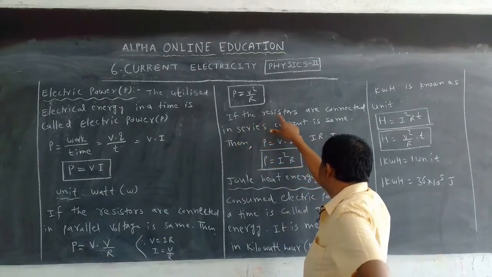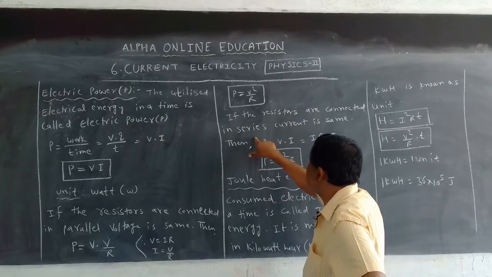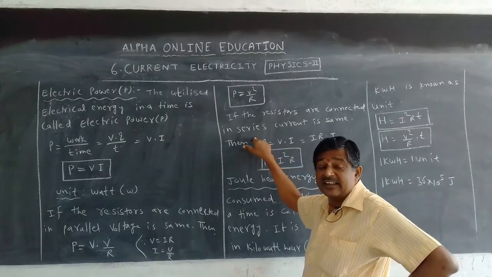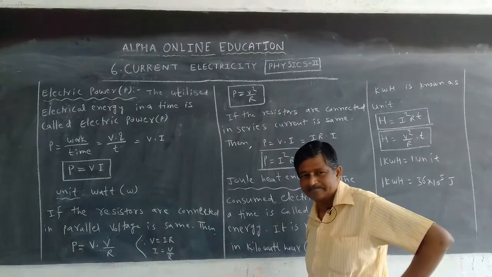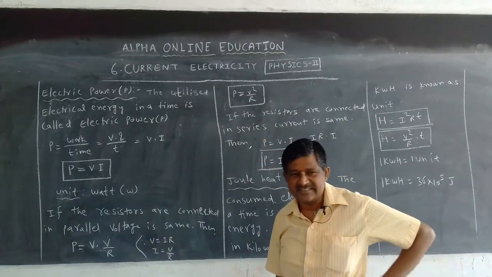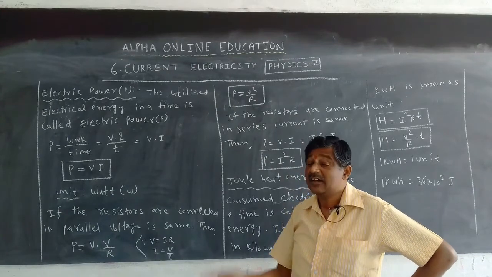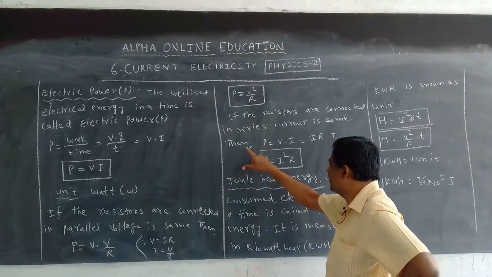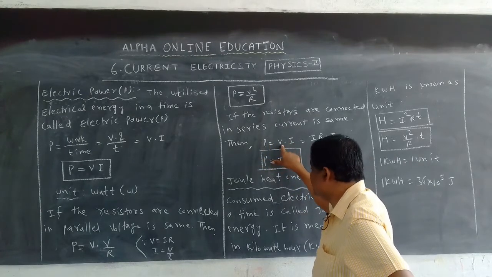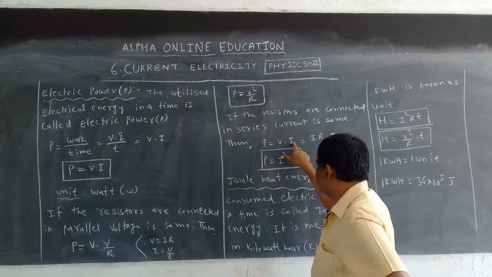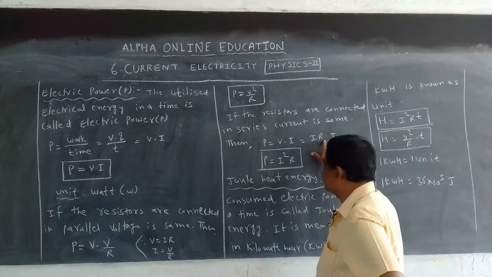When the resistors are connected in series, which is the same? Current is the same. That's why we can write P is equal to V into I. But in series, current is the same, so remove the V. Instead of V, you can write IR, Ohm's law.